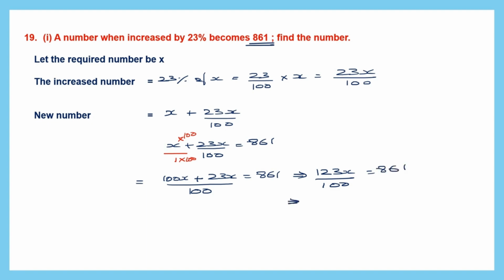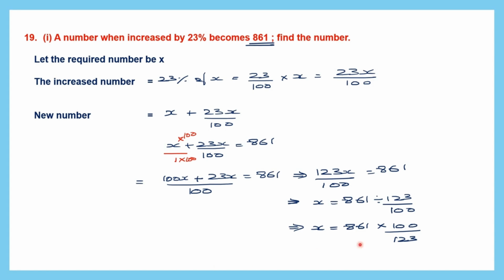Now if I take only x, I can say x is equal to 861 divided by 123 by 100. Now this becomes division of fractions, and we know how to do it. x is equal to 861 into the reciprocal, which is not 123 but 100 by 123.